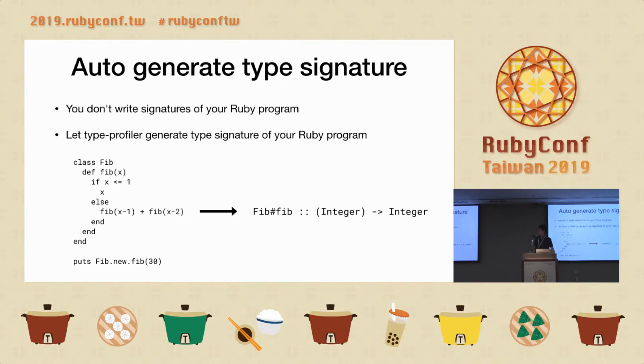This is an example I brought from the tests in the type profiler implementation. The fib method takes an integer and calculates the Fibonacci of the number, then it returns an integer. So this example shows that type profiler can infer the types of this program.